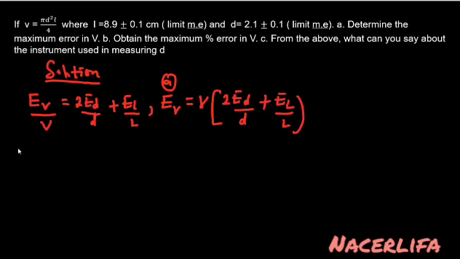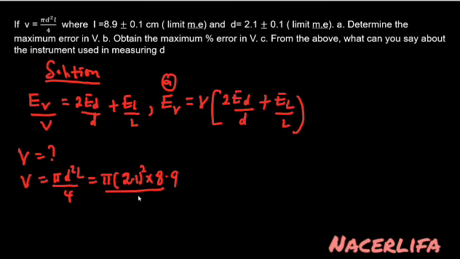From this formula, V is pi d square l upon 4, and the actual value for d is given as 2.1, so we square 2.1, times l, the actual value of l is 8.9, then we divide by 4. If we do this multiplication, we have 30.82 cm cubed. So we have gotten the value of V.